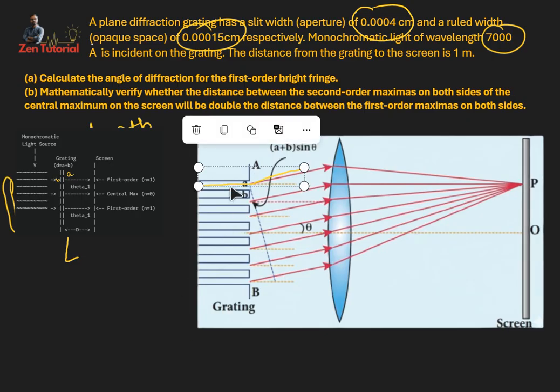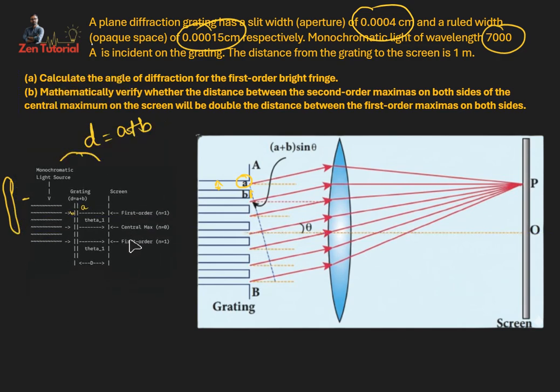This is the transparent space, so this width is A, and this is the obstacle, the width of the ruled width, that is B, and the grating constant d is equal to A plus B. Hope you understand. And from the grating to the screen, this distance is D, which is equal to 1, given in the question.